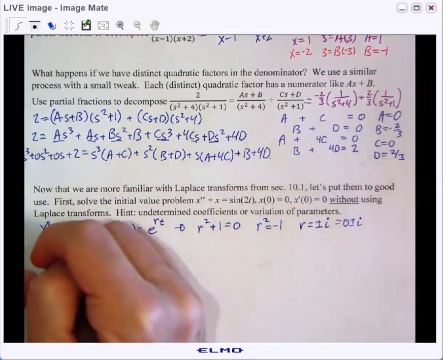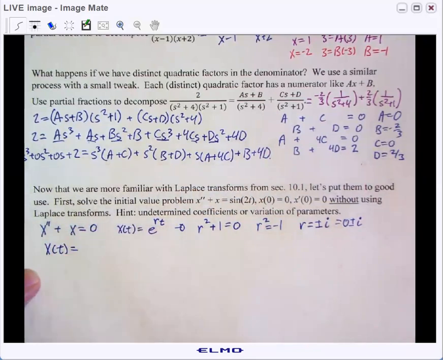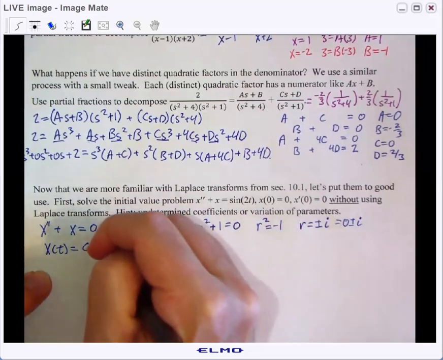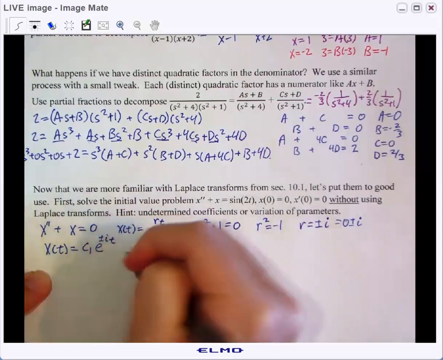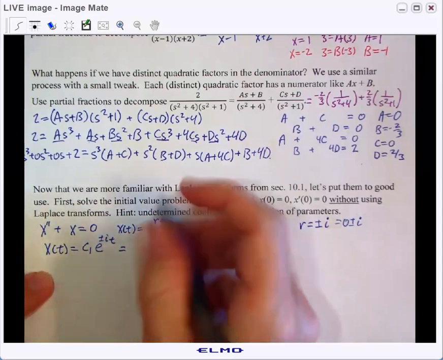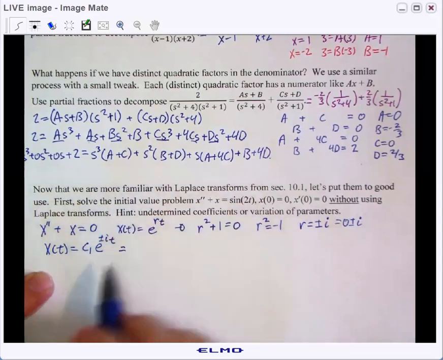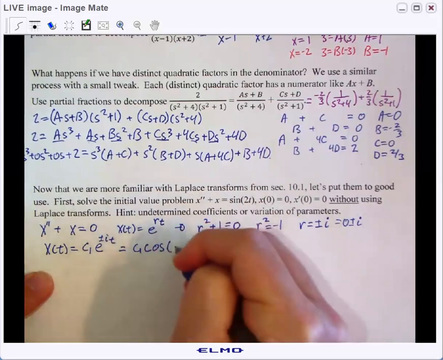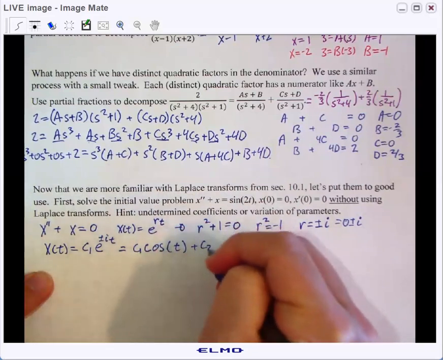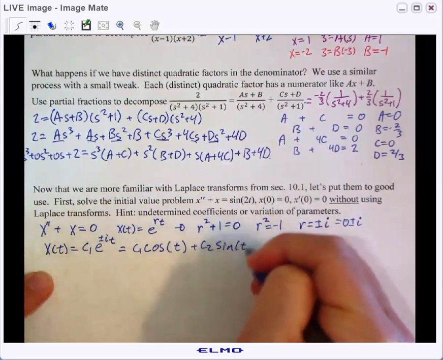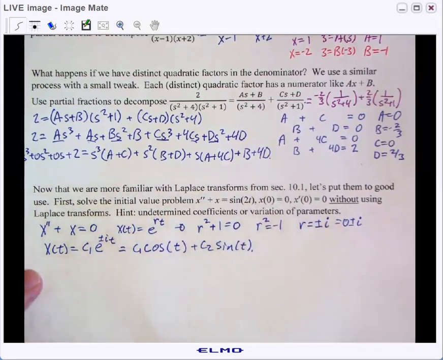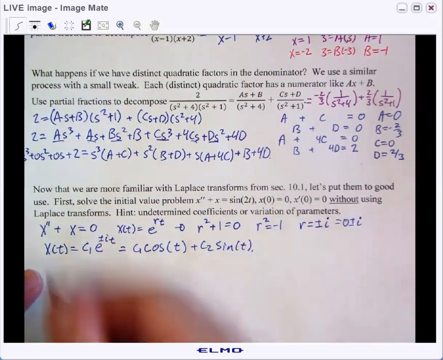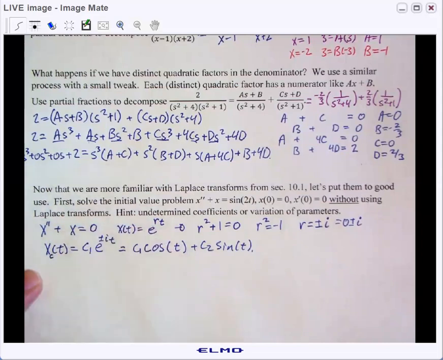Therefore, we will find out that x of t is equal to c1, well, e to the plus or minus it, but using Euler's identity, this gives us c1 cosine of t plus c2 sine of t. Okay. So we now have solved the homogeneous case, so this is our complementary solution.